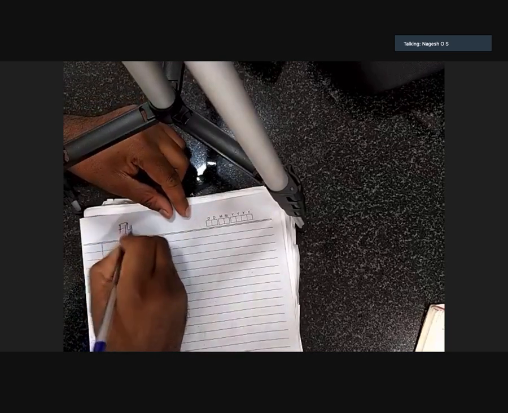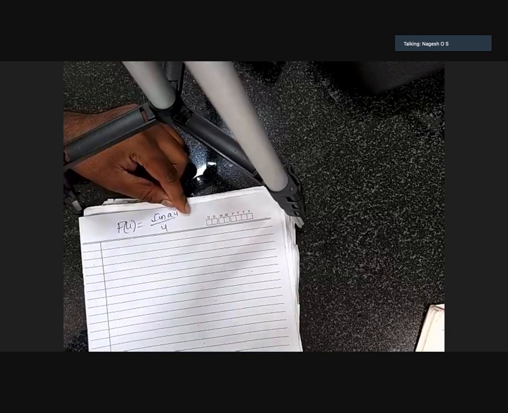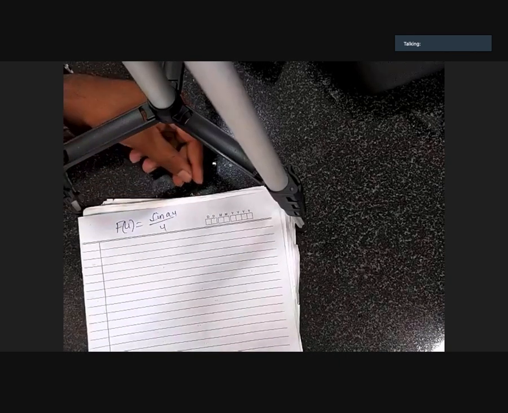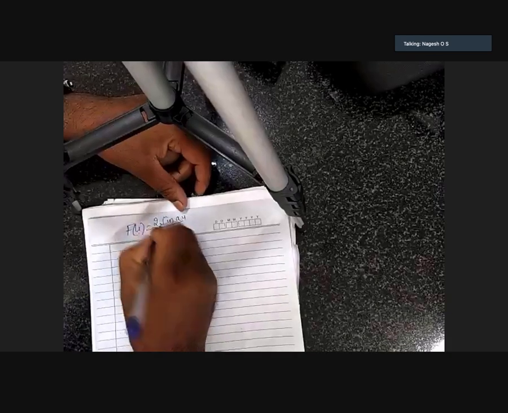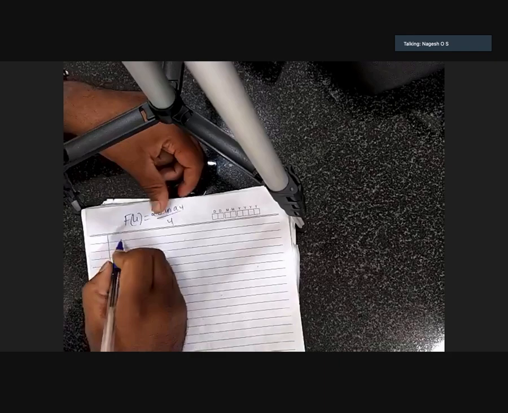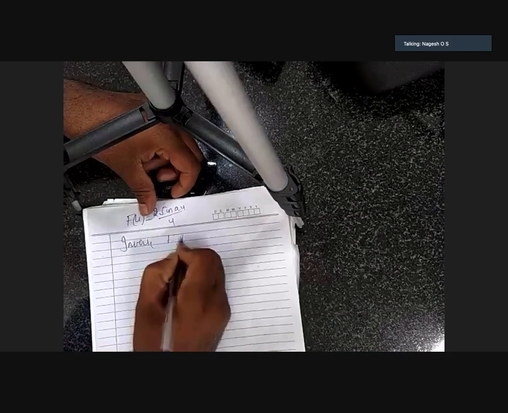Next, after getting f of u, we have to take the inverse Fourier transform definition.